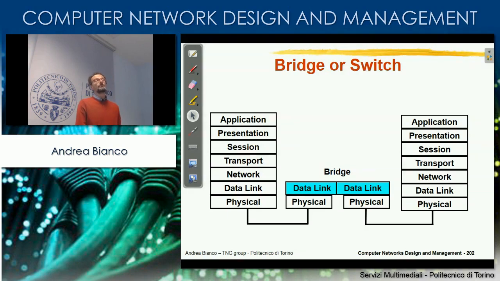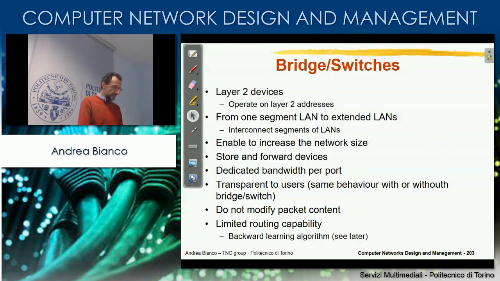Bridges were able to support different access protocols like Ethernet CSMA/CD, token ring, token bus, etc., whereas switches are only Ethernet based. But apart from that, they are exactly the same type of devices operating at layer 2. So you make your routing decision, your forwarding decision, only at layer 2.